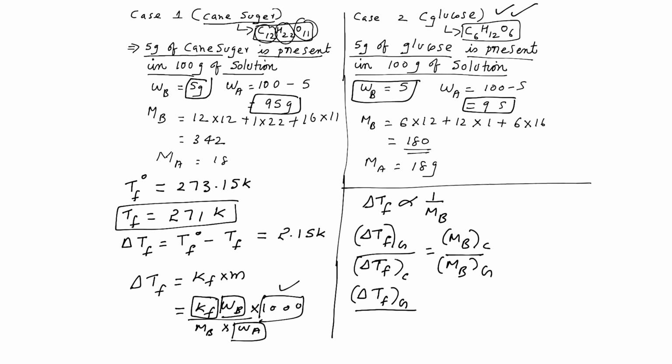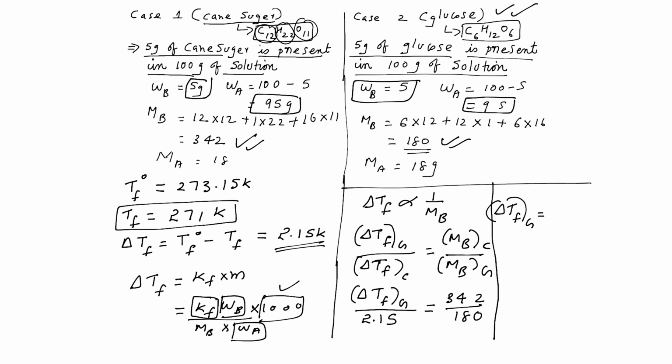For cane sugar we know the value, what is that? 2.15, and molar mass of cane sugar we know, 342. We already found it, right? By, for glucose we already found 180 gram. Okay, on calculating you will get depression of freezing point of glucose as 4.085.